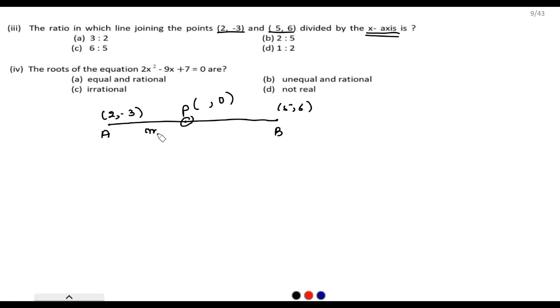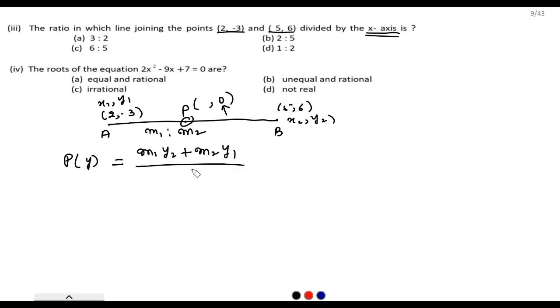Let the required ratio be m1 is to m2, then apply the section formula and put the y coordinate of P as 0, you will get the answer. This is x1 y1, this is x2 y2, and the y coordinate of P will be given by m1 y2 plus m2 y1 upon m1 plus m2.